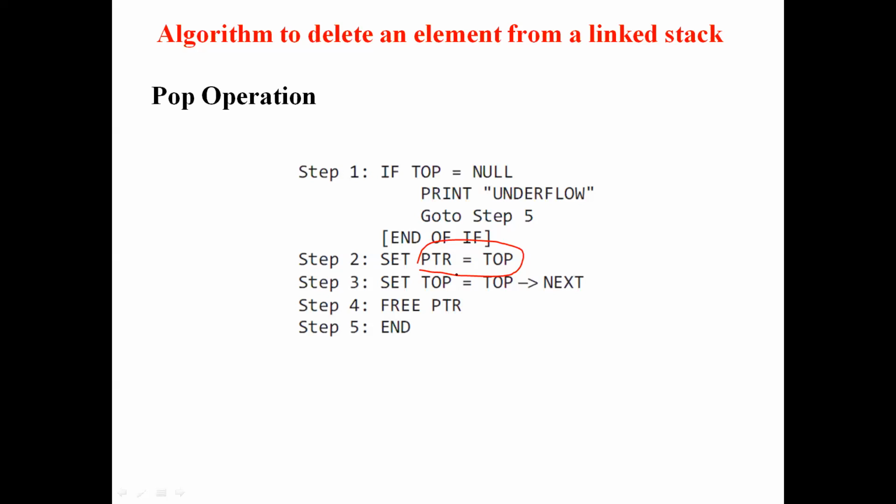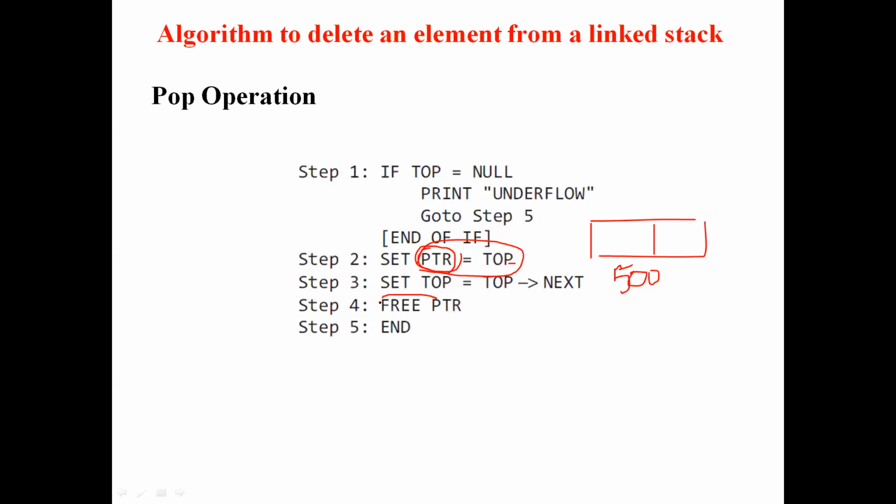Okay. Then what are they doing? Why are they moving this one? Top is nothing but what? Element 20, right? Just recollect whatever we drew previously. It's nothing but 500, right? 500 is in top. Now it is stored in the pointer variable.